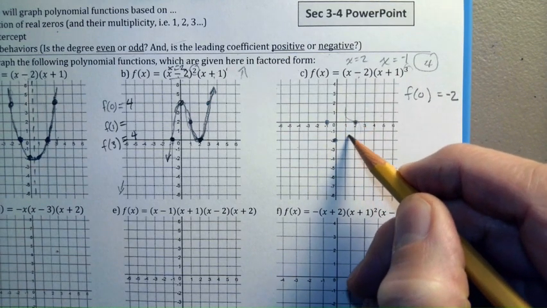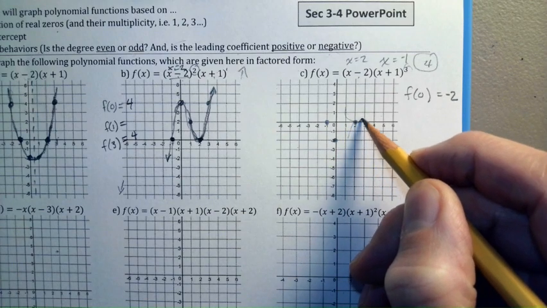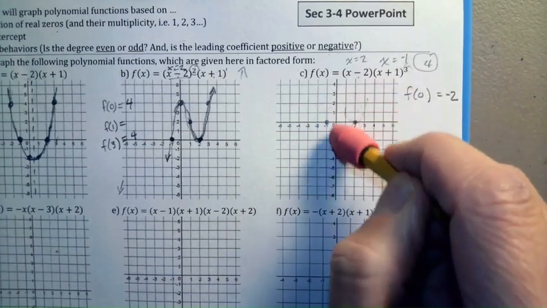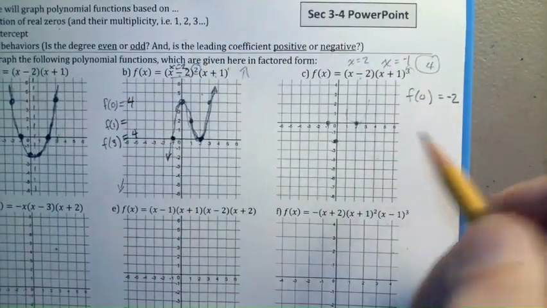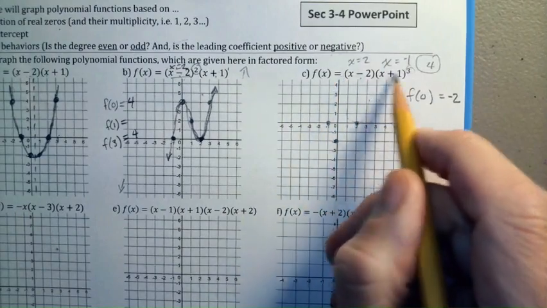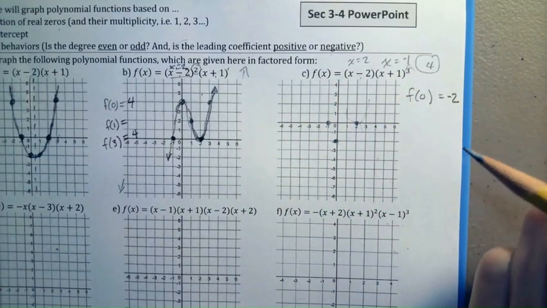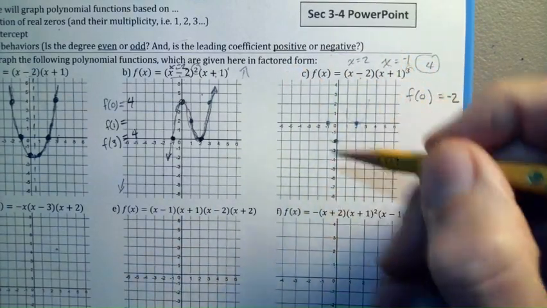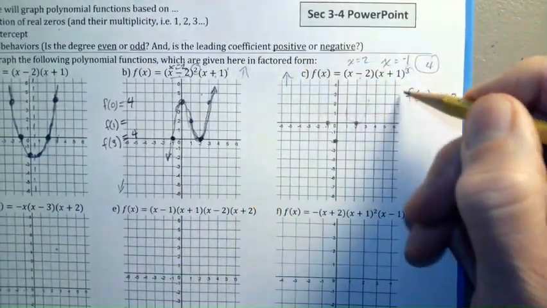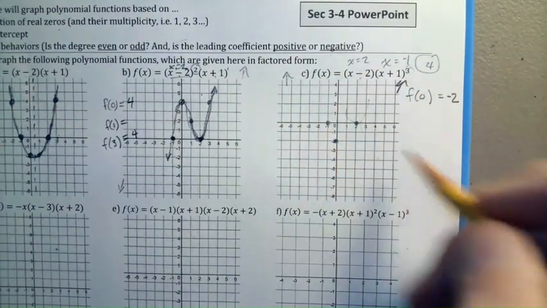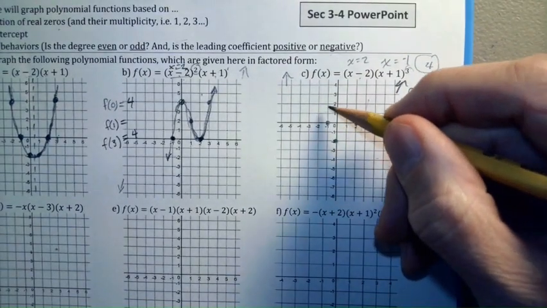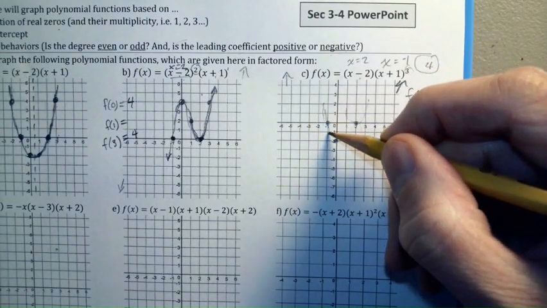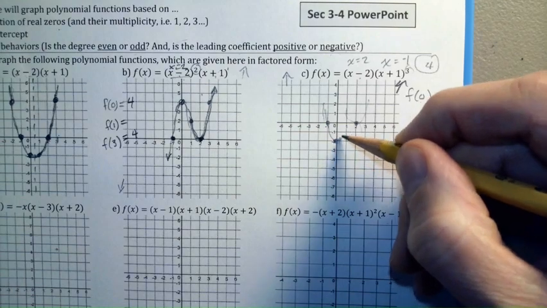Or if it's coming up this way, it's going to hit tangentially and go through this way. So we have to figure out which way it is going, and how it is going to pass through that thing. We know that if we FOILed all this out, we're going to have a degree 4, which means both ends are going to go up. The leading coefficient's positive, so it's going to be up on this side and up on this side, ultimately.